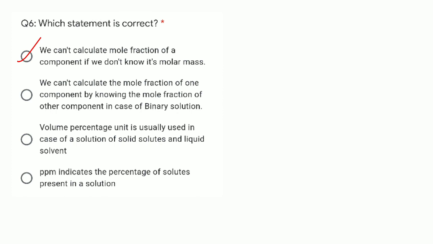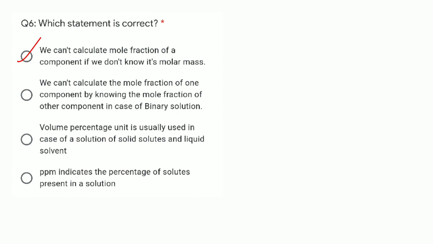And what about the third option? Volume percentage unit is usually used in case of a solution of solid solute and liquid solvent. No, it is not correct, because we often use the volume percentage unit to express the concentration of a solution in which the solute is in liquid form and the solvent is also in liquid form.